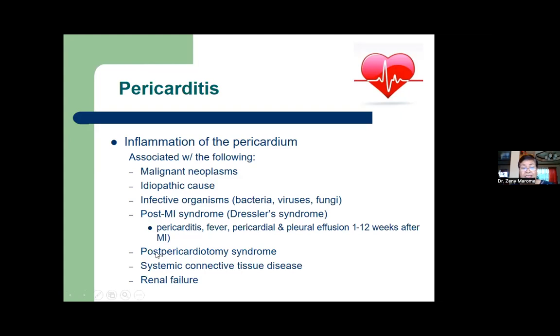So, another is post-pericardiotomy syndrome. Meaning, the client had undergone a surgical procedure, and any body tissue will respond to that injury because of surgery with inflammation, pericarditis.